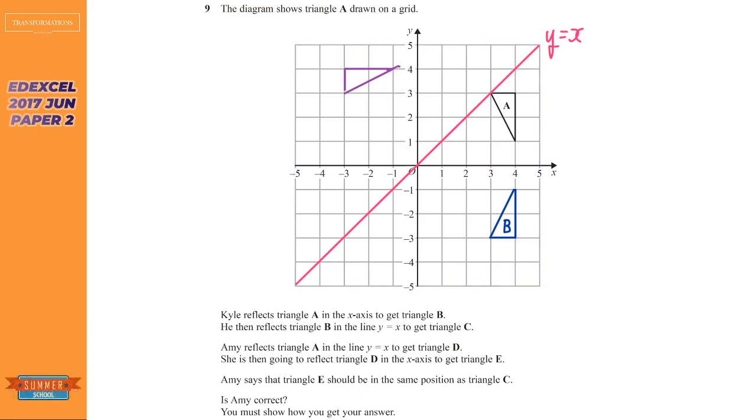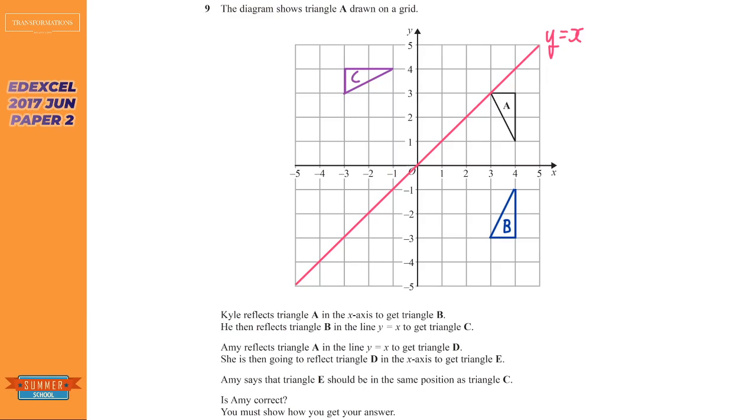There we go, right. And that looks a bit weird. I've drawn that. Oh, there we are. Excellent. Right, and we can move that down a bit. Alright. And he says that that is triangle C. So triangle C.